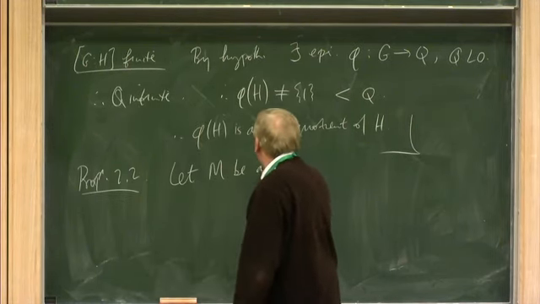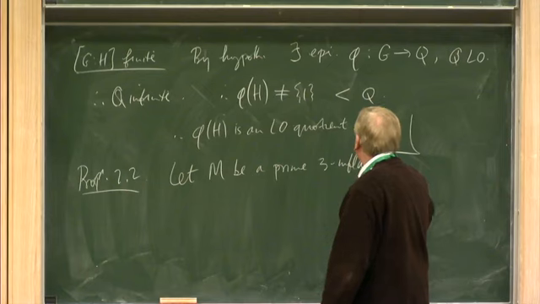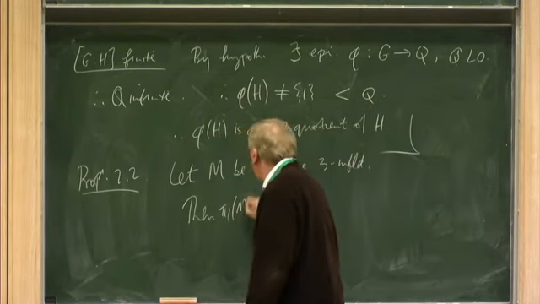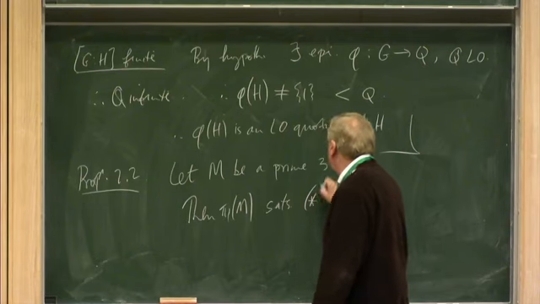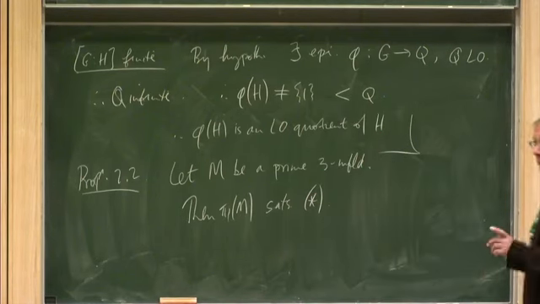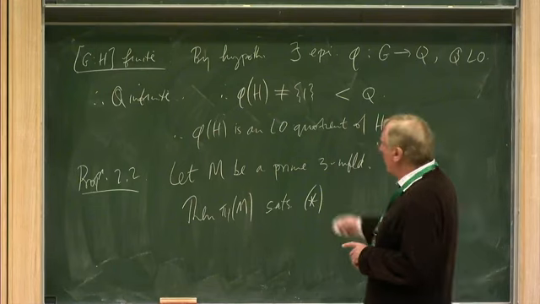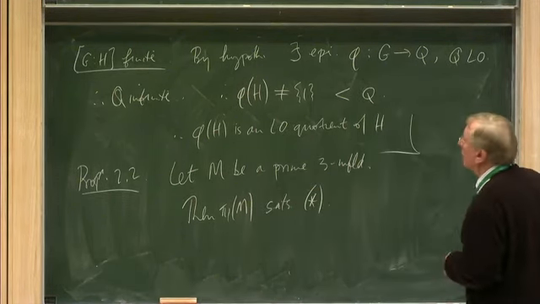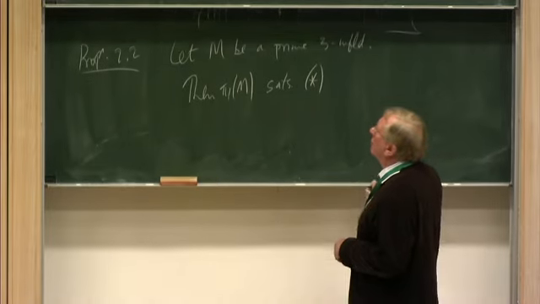So let M be a prime three-manifold. Then it satisfies: every subgroup of infinite index is indicable. I'll come back and prove this in a few minutes.